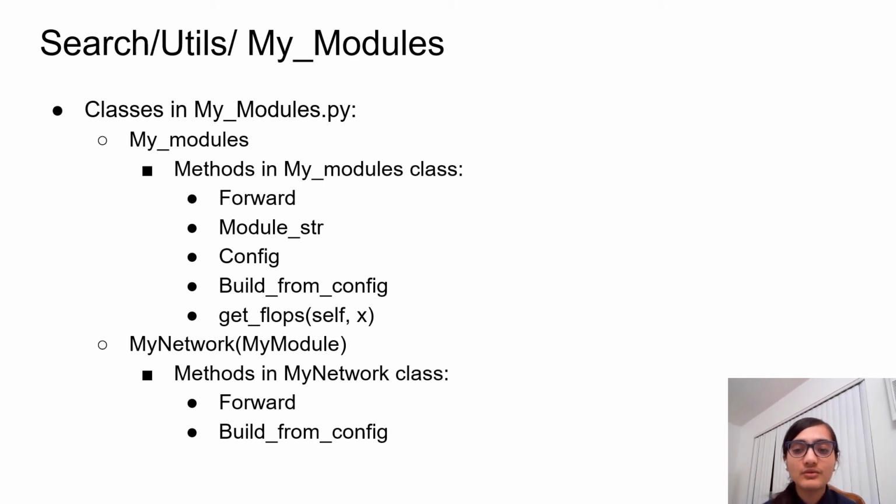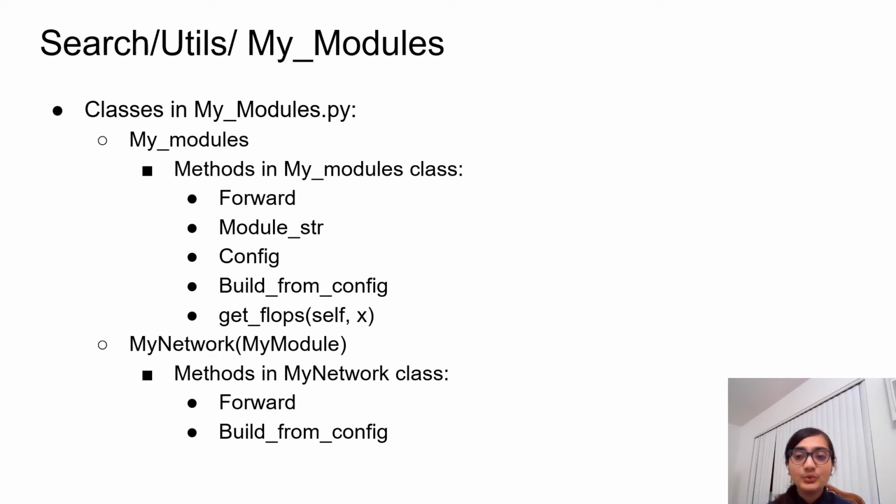The next feature which we are going to see in this code structure is the search, and inside search it is utils, and in utils it is my modules. So we saw latency estimator. Now the next part is my modules. In my modules, it has basically got two major classes: my modules and my network.